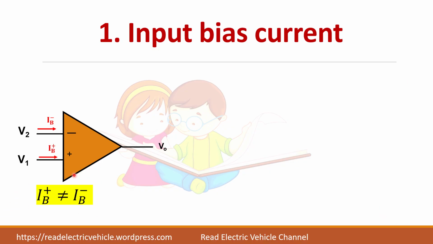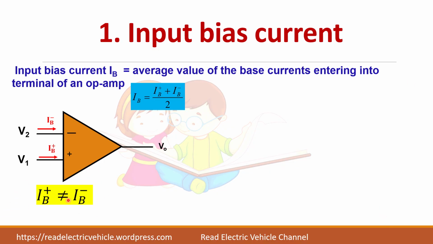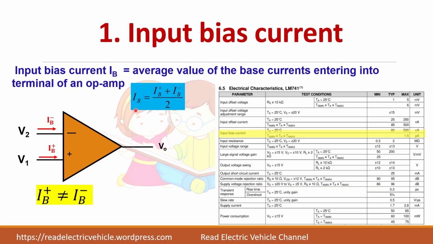Since these two currents are not equal, normally even the manufacturer doesn't know which current will be higher. So normally what is done is, in the data sheet you can find the average of these two currents. Average means you add these two currents and divide by 2, and you will get one average value, the bias current.